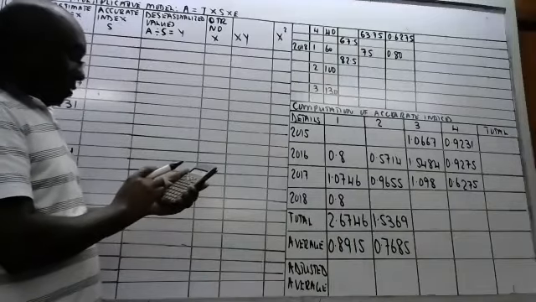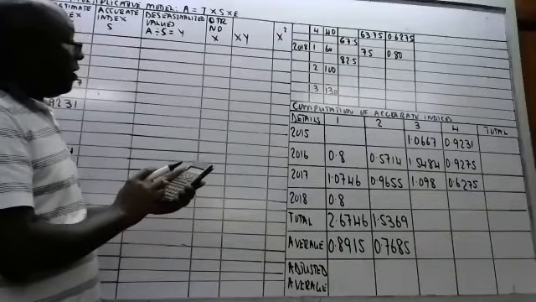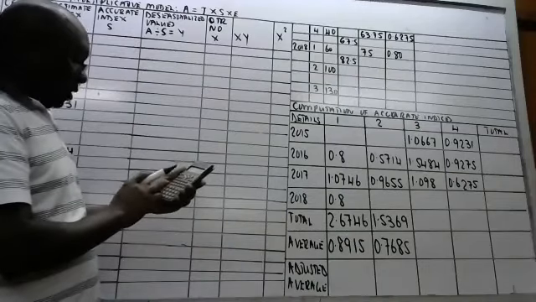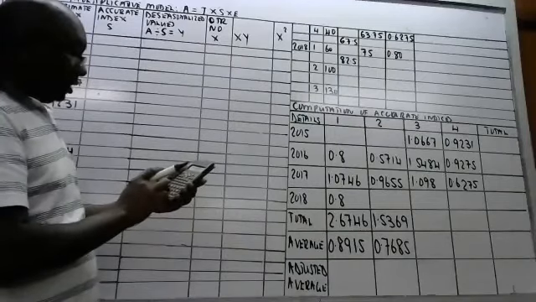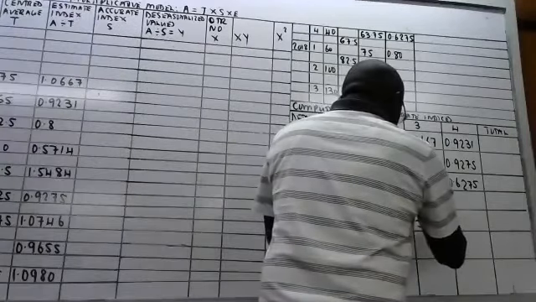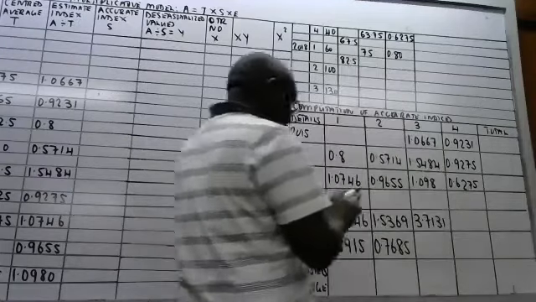1.0667 plus 1.5484 plus 1.098. The total is 3.7131.